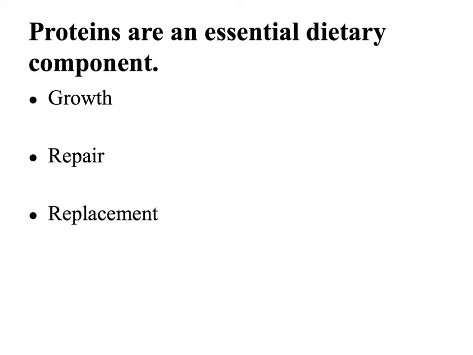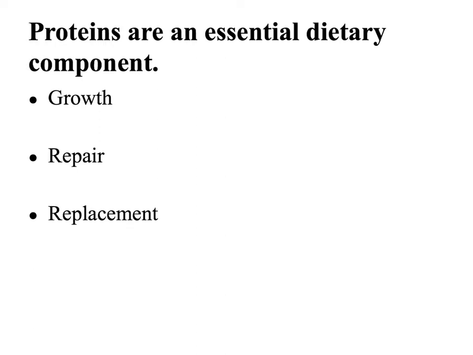Proteins are an essential dietary component. Without proteins, we're going to see trouble with growth, repair, and replacement of cells. It is important to note that when we eat protein in our diet, say we have a chicken sandwich or some eggs, our bodies digest that protein and break it down to the building blocks, the amino acids.